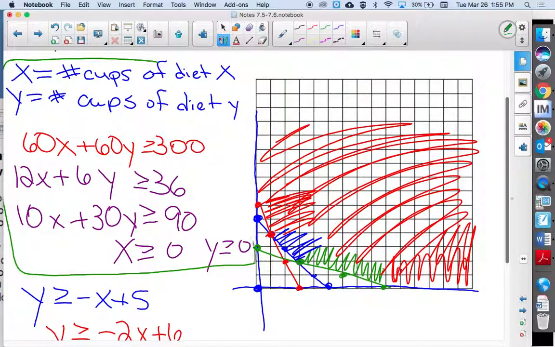You don't even have to get those inequalities in y equals form. So you're defining your variables. You're listing the 2 or 3 inequalities that might go along with it, and then don't forget about the obvious ones. It doesn't give you a restriction. Sometimes it says you have to at least grow like 10 acres of corn or something like that. One of them talks about corn. Questions? That would be number what?